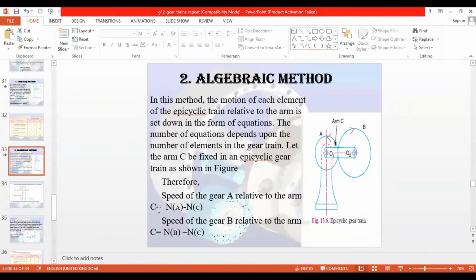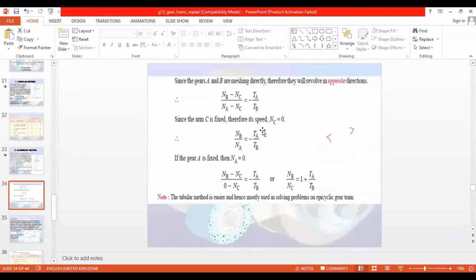If I apply these two equations in the speed ratio equation, that is NB minus NC upon NA minus NC is equal to TA upon TB.